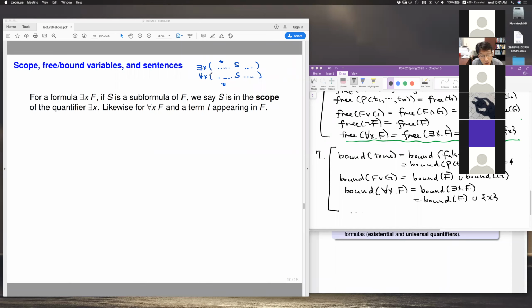It doesn't really matter whether it's a term or formula, or whether it's existential or universal quantification. These kinds of things, existential and universal quantifications, are called binders, and the inside body of the binder is sometimes called the scope of the binder. Okay.